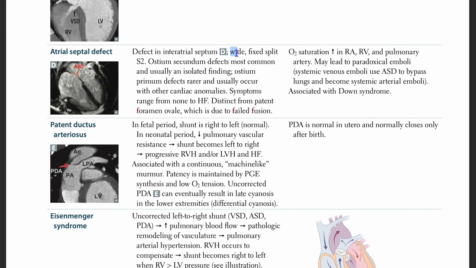Yeah, pulmonary stenosis. And FA is for ASD, fixed split. Okay. S2. Ostium secundum defects, most common and usually an isolated finding. Ostium primum defects rare and usually occur with other cardiac anomalies.